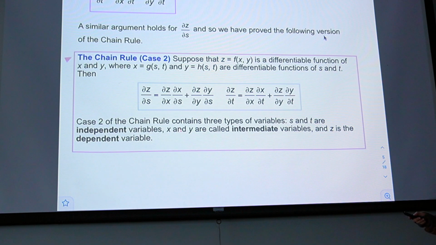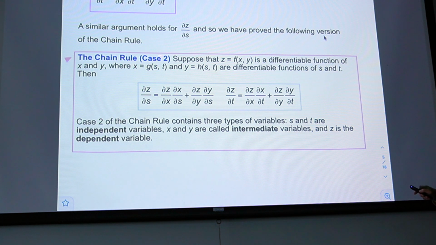Notice that case 2 of this chain rule contains three types of variables. What are the three types of variables? s and t are the independent variables.